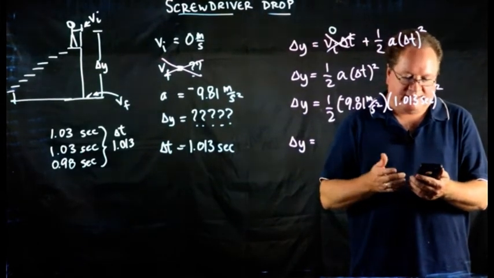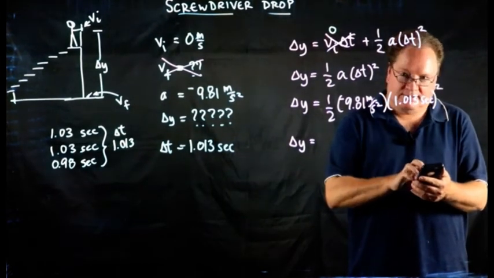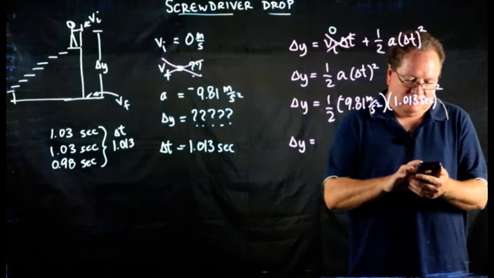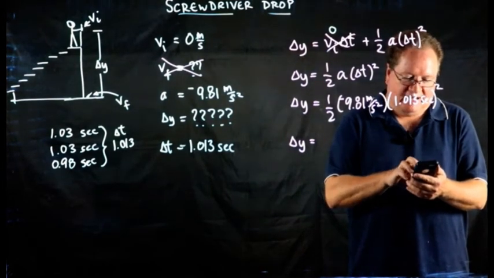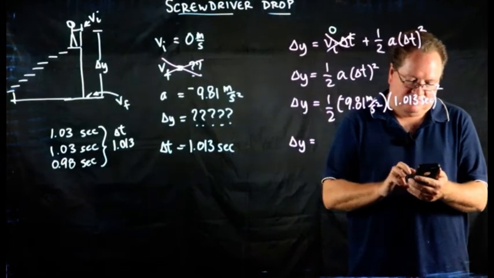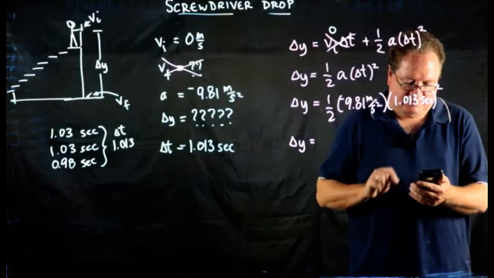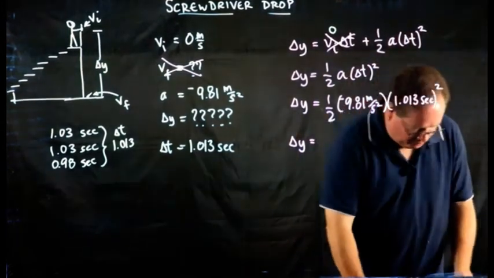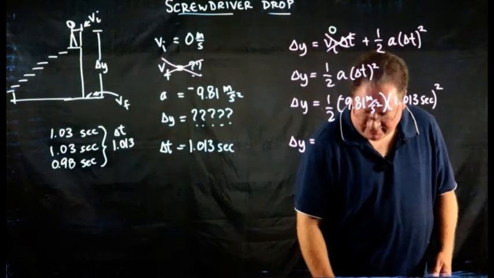All right, that's going to give me 1.026 times 9.81 divided by 2. I get 5.03 for my answer.